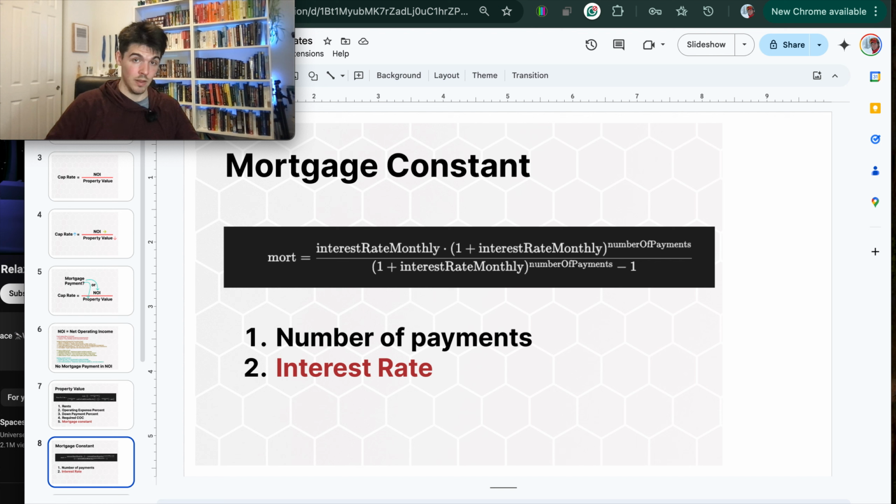The mortgage constant is the same function that Excel uses, without the principal out front. So you calculate this mortgage constant, then multiply it by the principal amount that you are borrowing, and that tells you how much per month you are going to be paying back to the bank. The mortgage constant is a function of the number of payments and your interest rate.